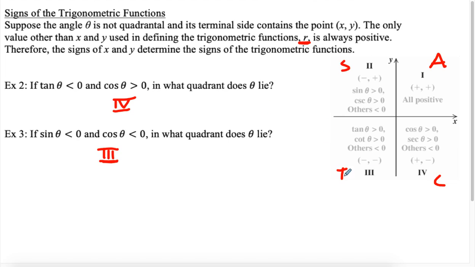Now, one way to remember which between cosine and sine goes with x and which goes with y, you go to Canton South, right? CS. Cosine deals with the x value, sine deals with the y value, okay? CS, Canton South, all right?